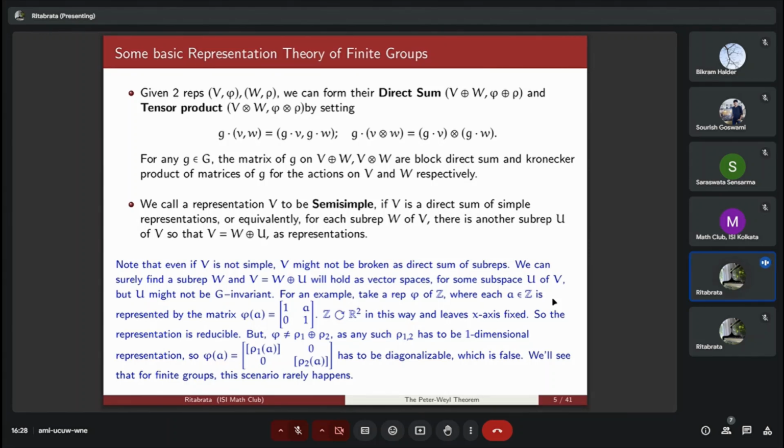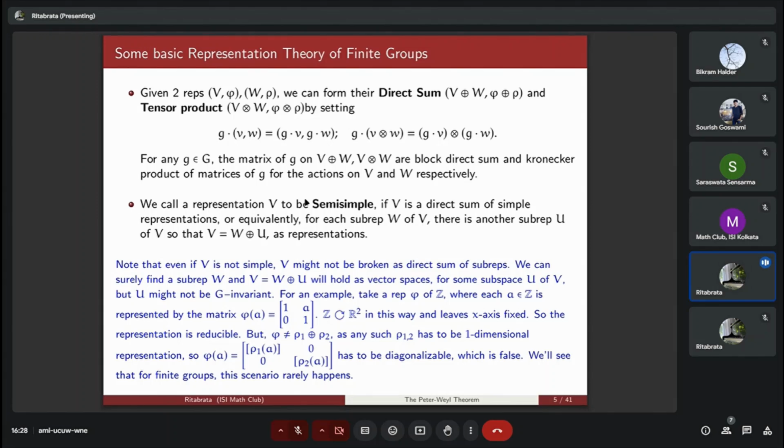But we cannot write it as a direct sum of two simple representations. Why? Z acts on R^2, a two-dimensional space, and we already have a one-dimensional invariant subspace, the x-axis. If it decomposes as a direct sum of two representations, then it will be a direct sum of two one-dimensional representations. One-dimensional representations are given by 1x1 matrices, or just single numbers.